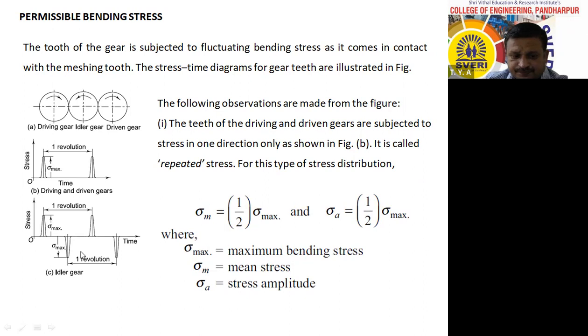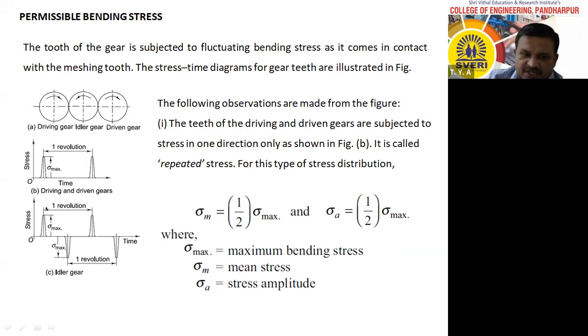Now this is the stress time diagram for the idle gear. What are you understanding from this? In the case of the idle gear, these values of stress are not repeated stress.